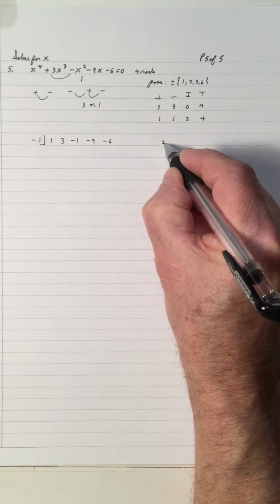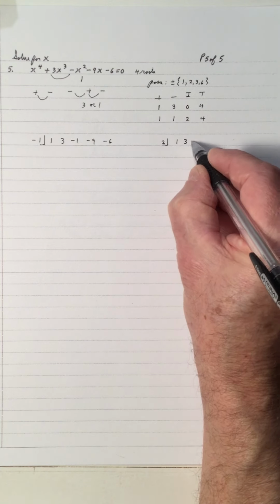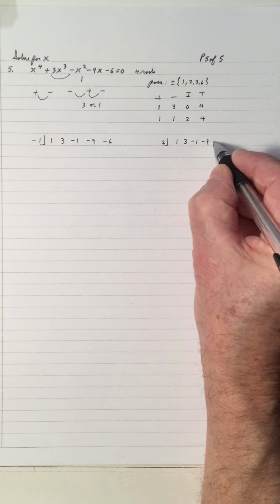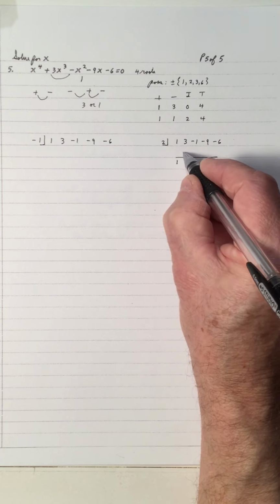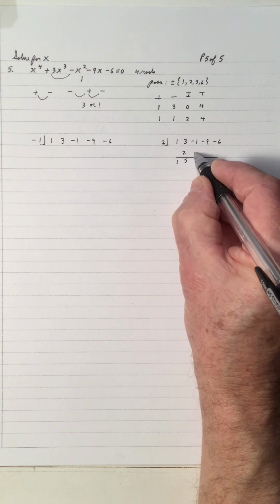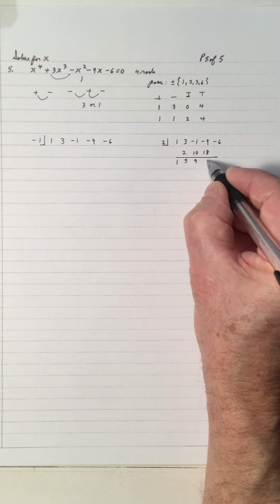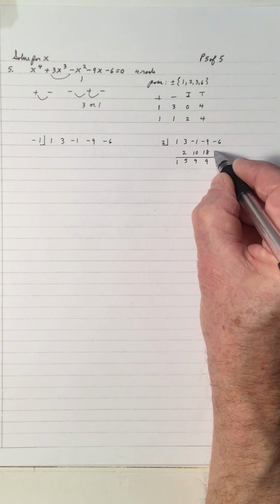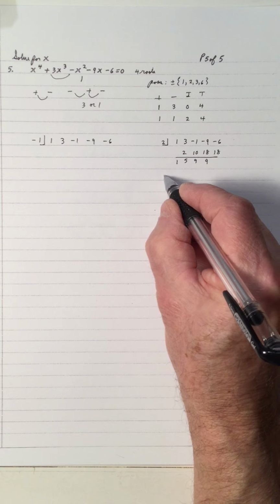So if you decide to do 2 first, into 1, 3, negative 1, negative 9, negative 6. You bring down your 1, you get a 2, that's a 5, that's a 10, that's a 9, that's an 18, you don't get a remainder. Then you say, well, I'll try a 3.